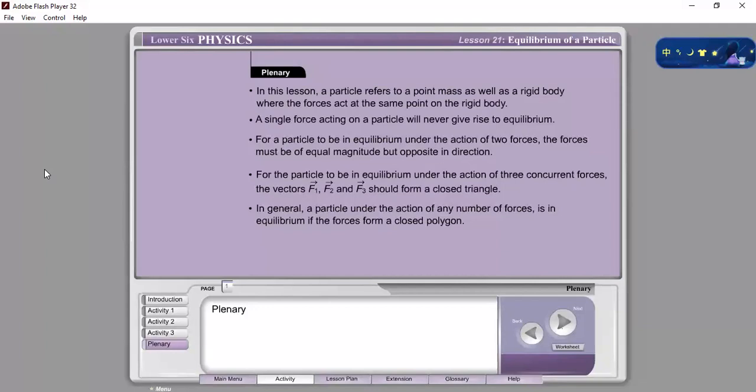If there are more than 3 forces, no matter how many forces, the total of the vectors of the forces must form a closed polygon. So you see, in general, a particle under the action of any number of forces is in equilibrium if the forces form a closed polygon.